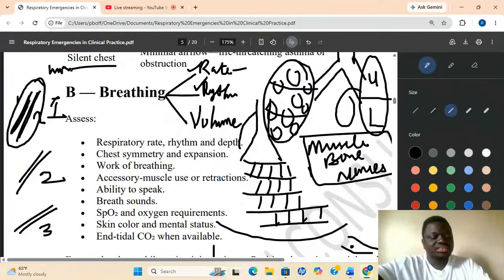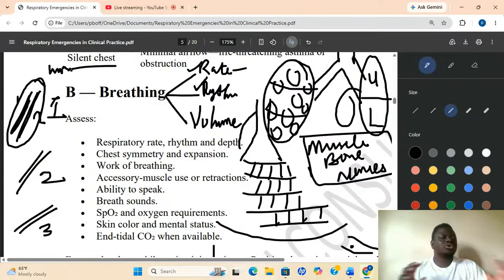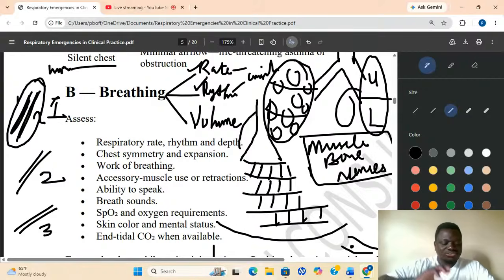Then I breathe in, then I hold for a long time, or breathe out and I hold for a long time. So it is not consistent. The rhythm is the consistency of the moving in and out. So if I'm not consistent, it means I am having issues with breathing rhythm.